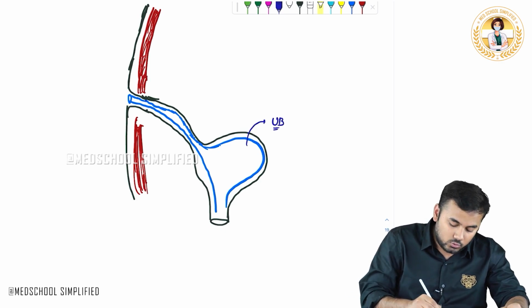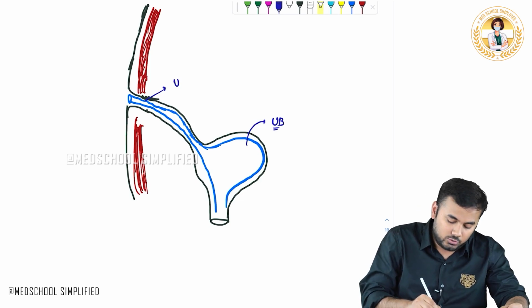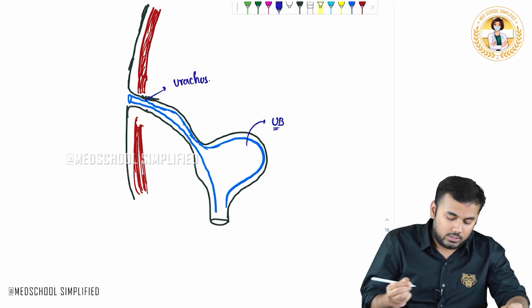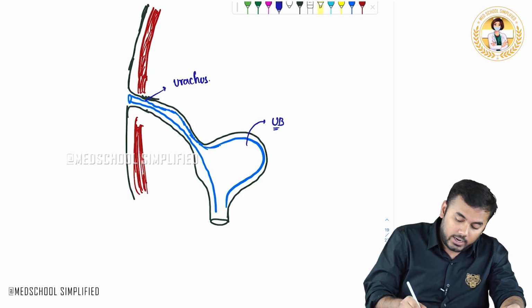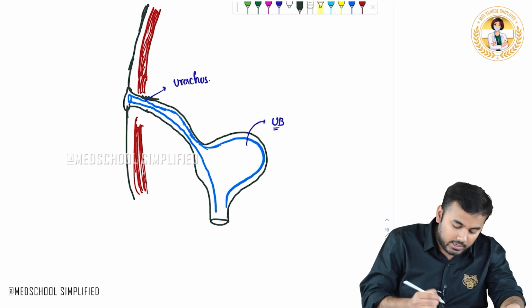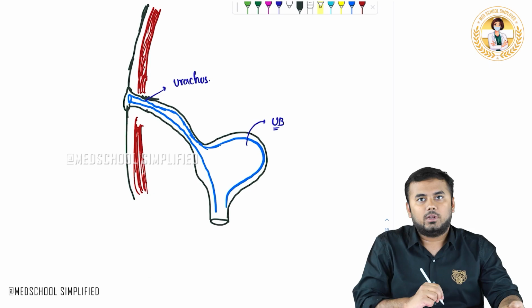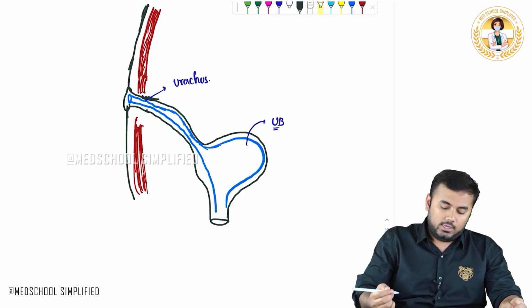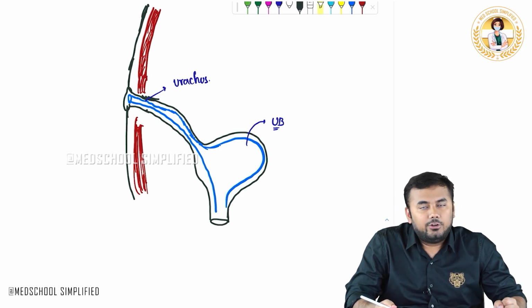Okay, and what is this opening over here? This is called the urachus. Okay, urachus. Where is the urachus opening? The urachus is opening into the umbilical region here, into the anterior abdominal wall. Okay, now can I say that the urinary bladder is in continuation with the urachus during the embryological time? Yes.